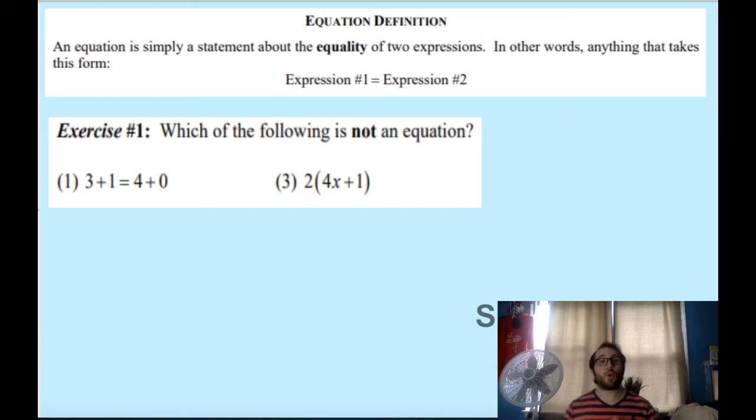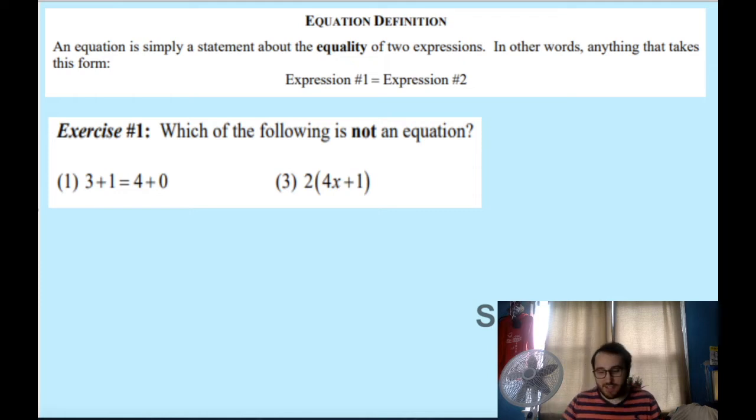All right, so equations. An equation is simply a statement about equality of two expressions. In other words, anything that takes the form of an expression equaling another expression. It's funny, you might not have thought of it this way. And again, this is what I've been saying in geometry. You are always creating equations that relate to expressions, and those expressions relate to real things.